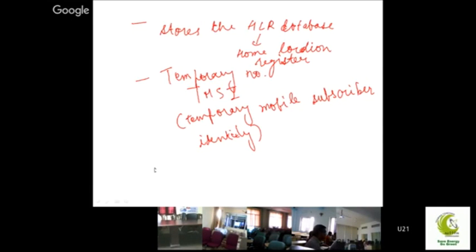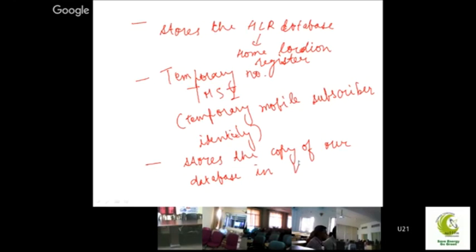This TMSI is just a copy of our database, and it stores the copy of our database in the VLR, that is the Visitor Location Register.